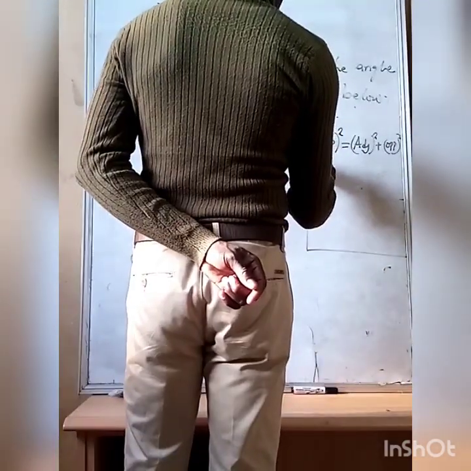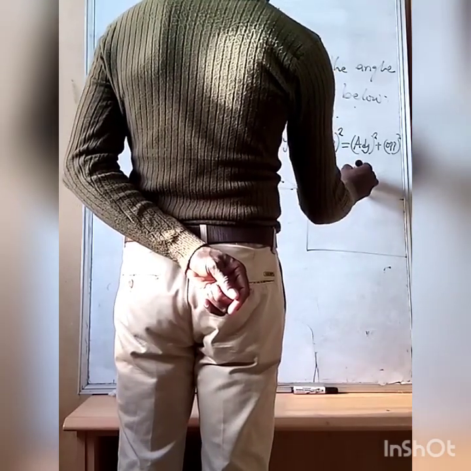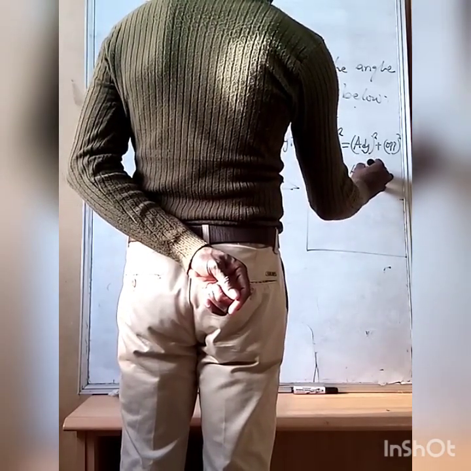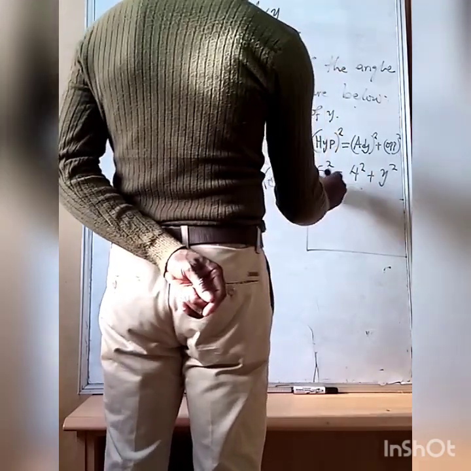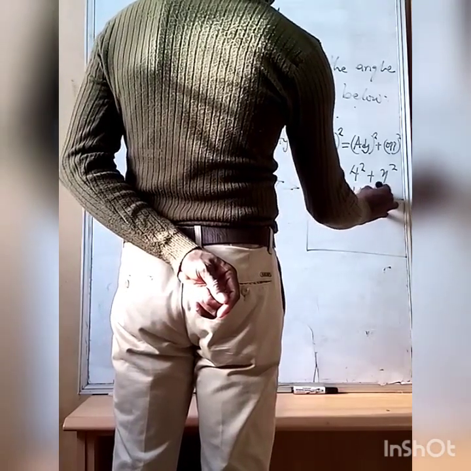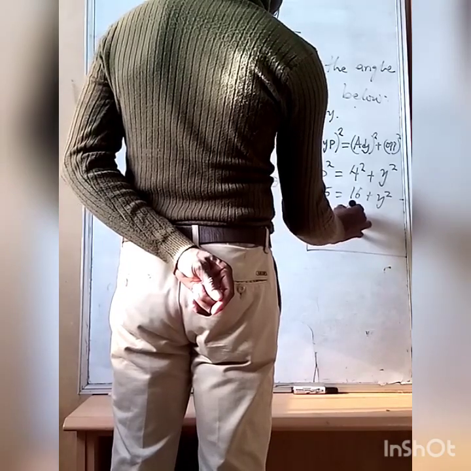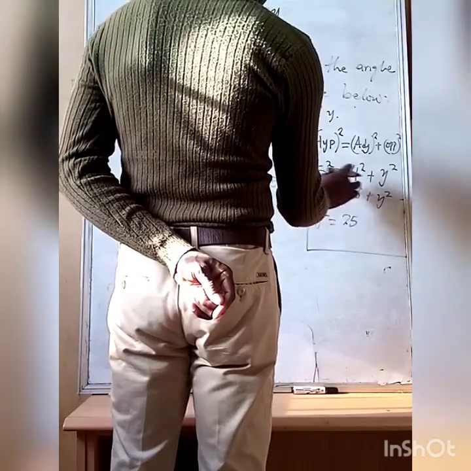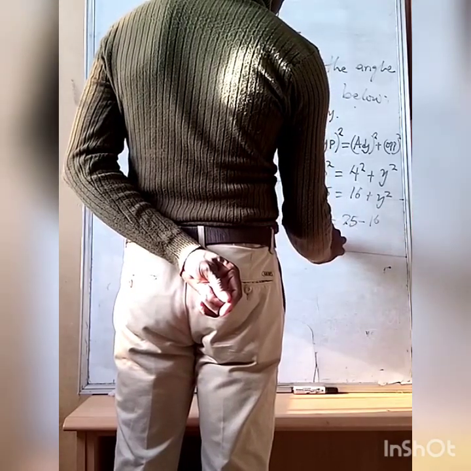So the hypotenuse is 5, so 5 squared will now be equal to 4 squared plus y squared, and this is 25 being equal to 16 plus y squared. Y squared is equal to 25, and if this 16 moves across, it becomes negative 16.